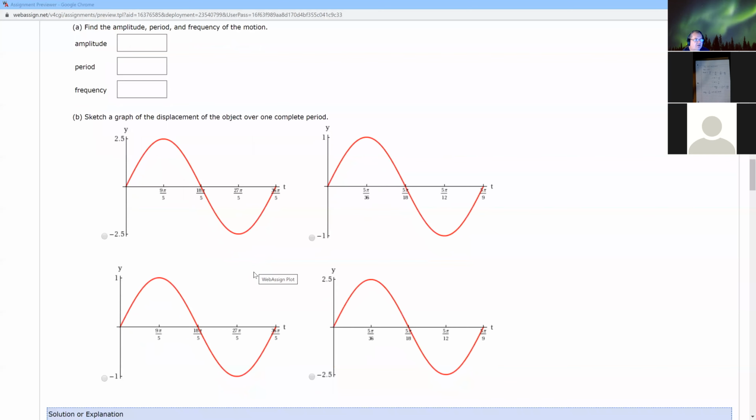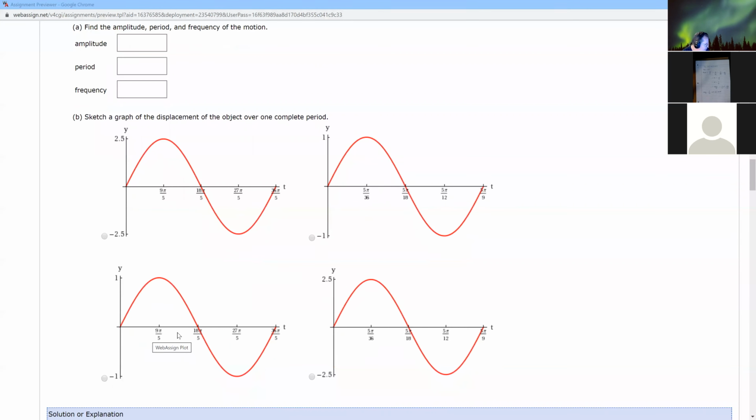Those at least 4 questions beginning to make a little bit more sense now. Okay, so I have a little picture here now to try and match that. I'm looking for a function whose amplitude is 2.5. So that means this picture here, number 2, is no use, and this picture here, number 3, is no use.